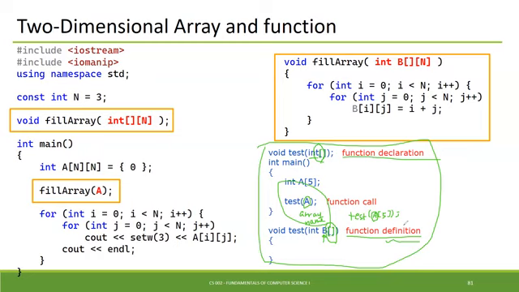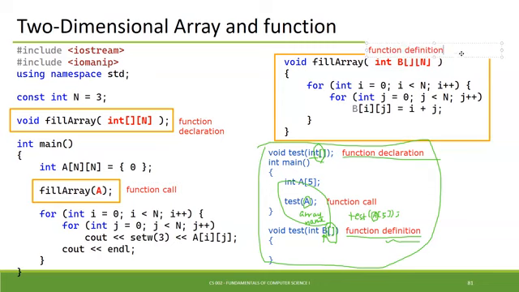And if you have a two-dimensional array, then look at this one. This is the function declaration at the top, this is the function call, and this is the function definition.